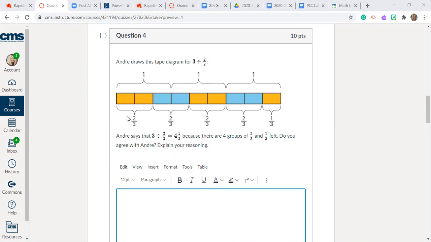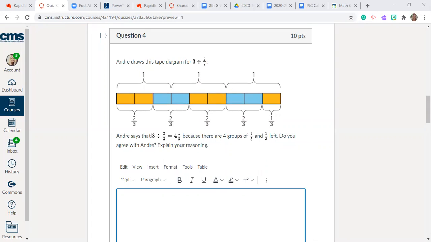And then he breaks it up down here by 2/3. He divides it up by 2/3. Andre says that 3 divided by 2/3 equals 4 1/3 because there are 4 groups of 2/3 and 1/3 left. Do you agree with Andre? Explain your reasoning.